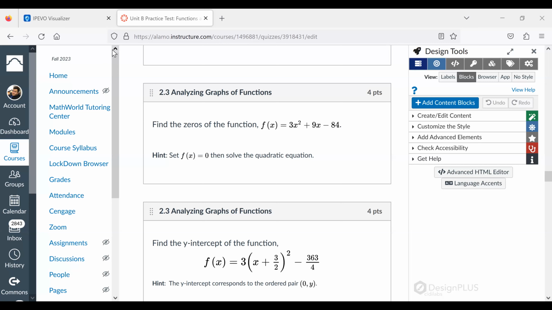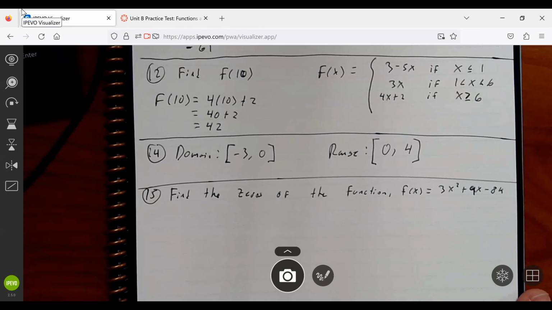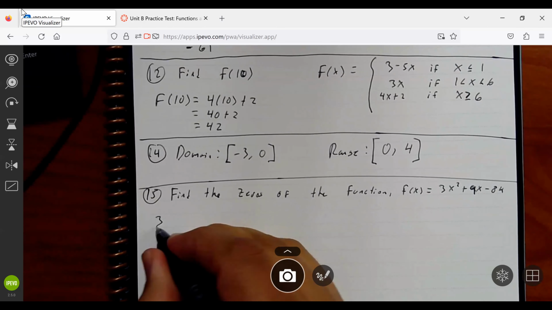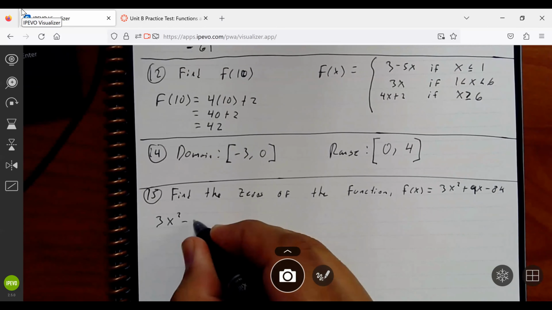Find the zeros of the function f of x equal to 3x squared plus 9x minus 84. Okay. So basically what that means is you set the function to 0. They gave us a hint, but we should know that.